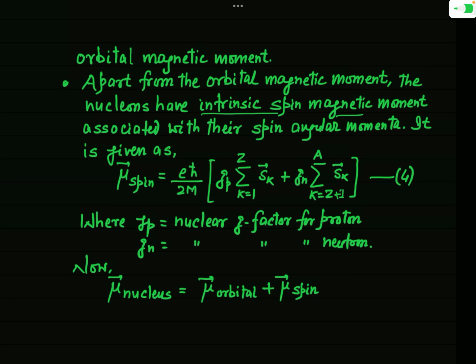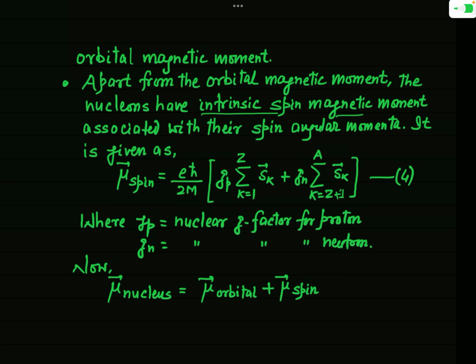Although you have seen that the orbital magnetic moment of the neutron is 0, the spin magnetic moment of the neutron will not be 0, because this intrinsic spin angular momentum is also in the neutron, just like the proton. So the neutron also has an intrinsic spin magnetic moment.